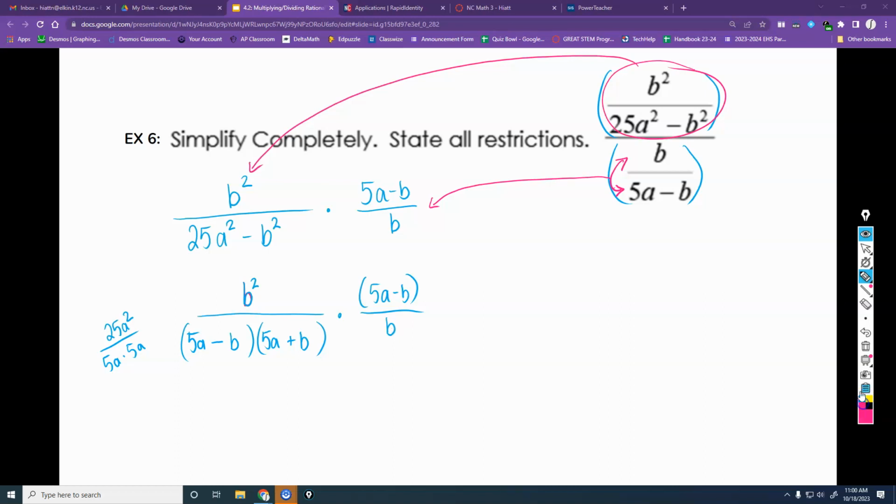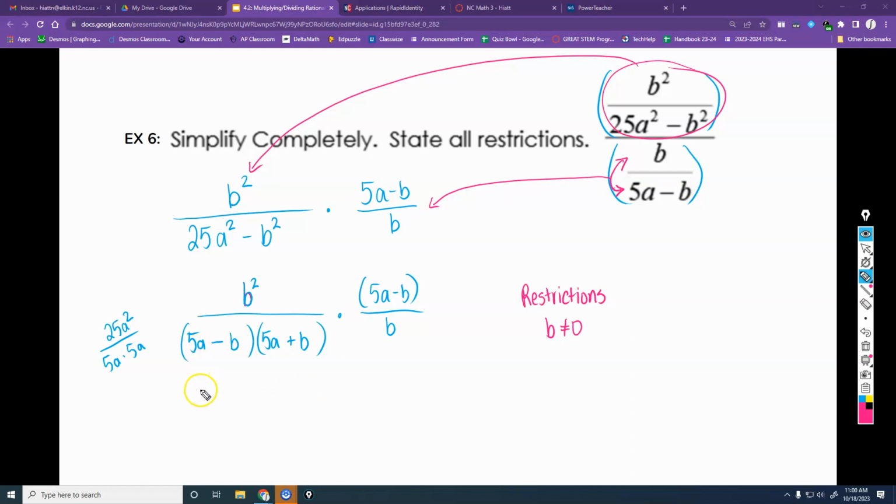It does want restrictions on this, which are a little bit weird. Okay, you're looking at the denominators, they cannot equal 0. So I've got b cannot equal 0 because that b can't be a 0. That one's not bad. The others are weird because you got an a and a b.